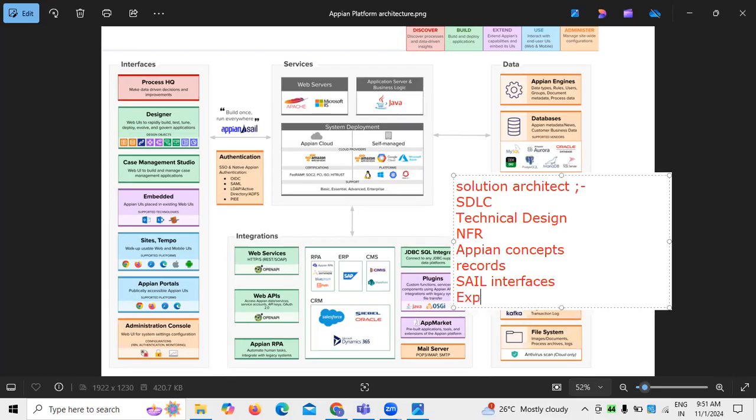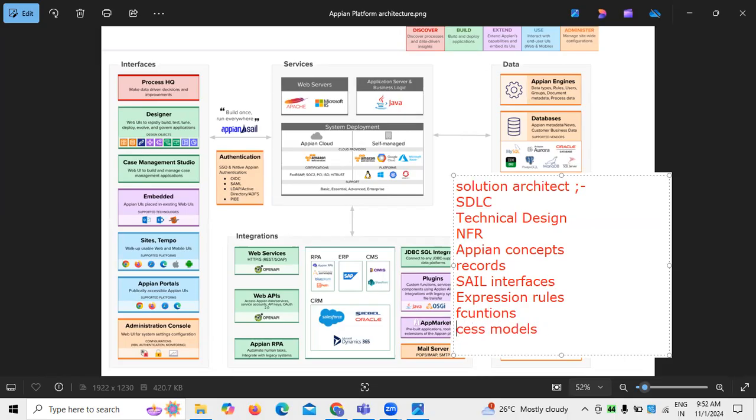Next, apart from the business rules, we must know about expression rules. What are the expression rules we have? At the same time, we must know what different functions are required, and how to create any kind of process models. Because for every business process, there are different process models.